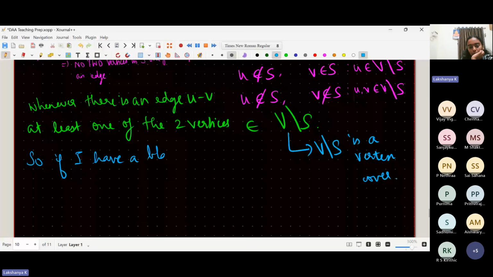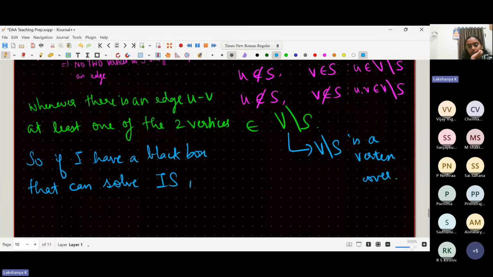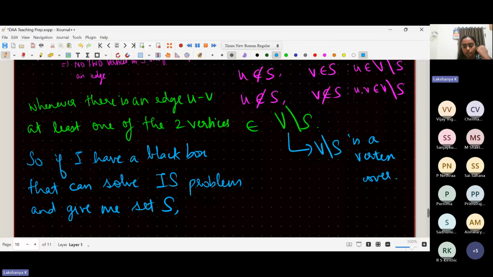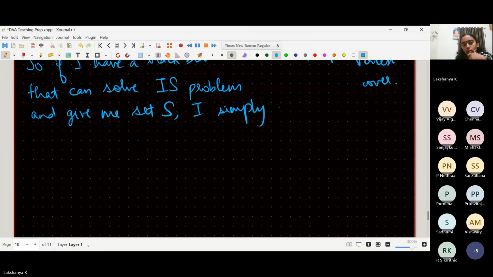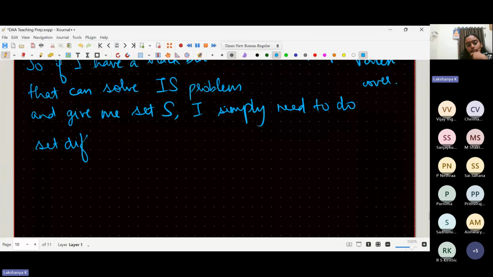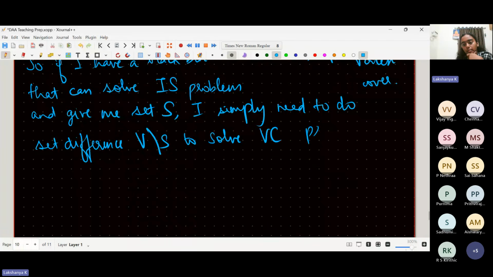So if I have a black box that can solve the independent set problem and give me set S, S being an independent set, I simply need to do the set difference V minus S to solve the vertex cover problem.